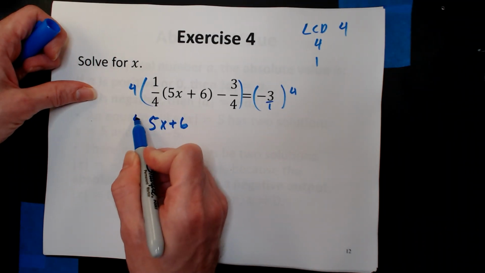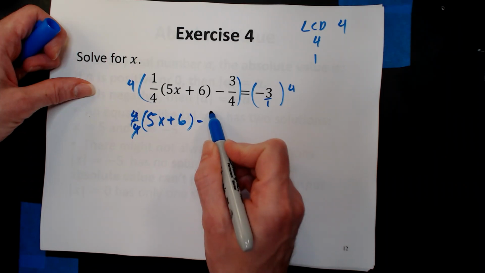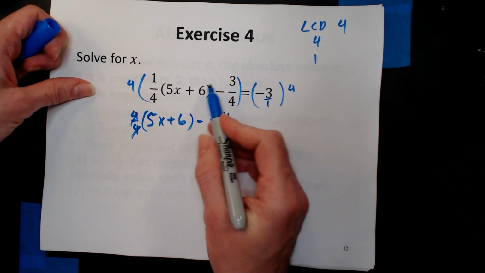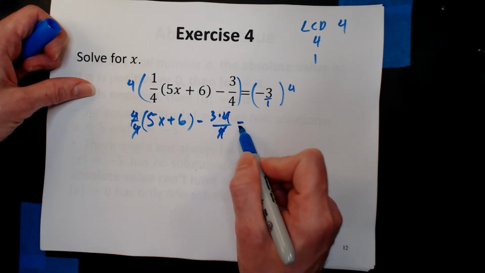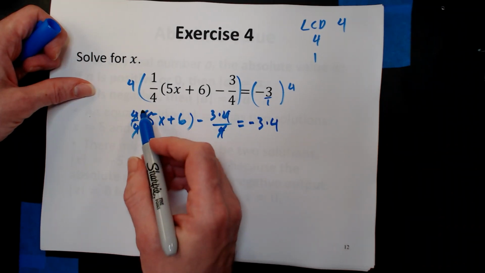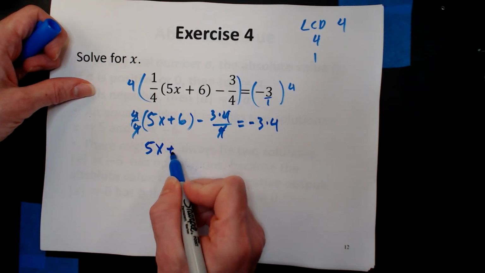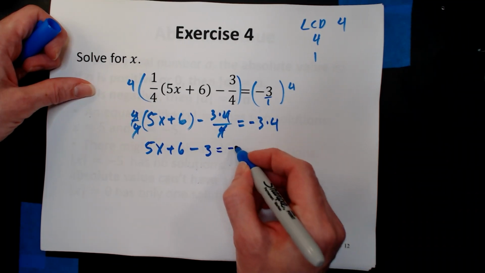Now you can write this 4 over 4 if you want to, and then minus 3 times 4. I'm not going to bother to say this is 12 because I'm just going to cancel out the 4's anyway, and that's going to equal negative 3 times 4, which is going to be negative 12. So it's going to be 5x plus 6 minus 3 equals negative 12.